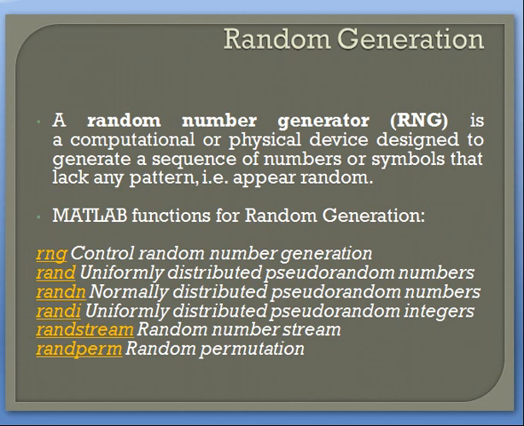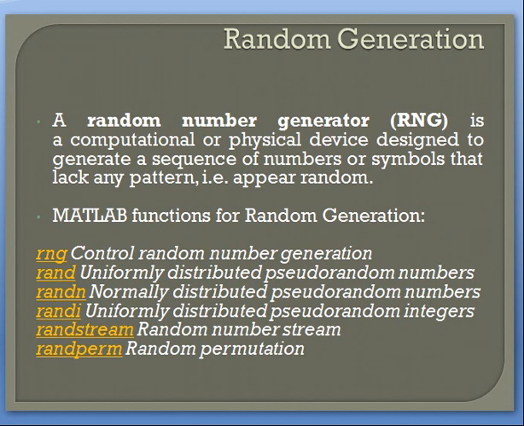Now coming towards random generation. A random number generator, that is RNG, is a computational or physical device designed to generate a sequence of numbers or symbols that lack any pattern, that is, appear random.